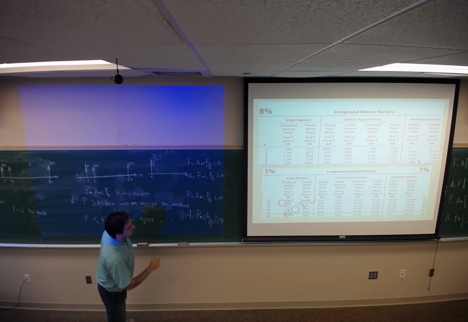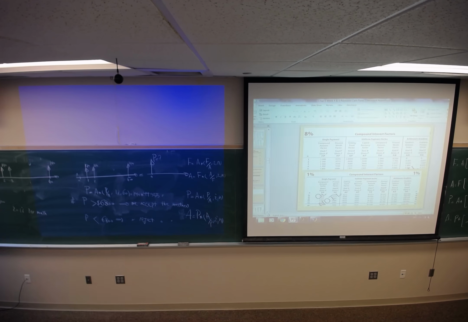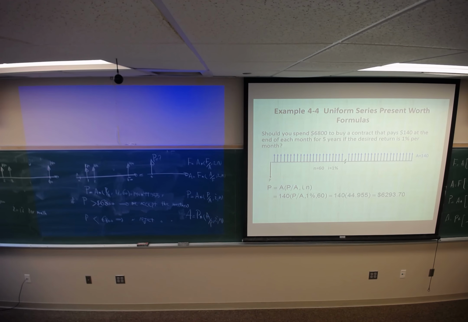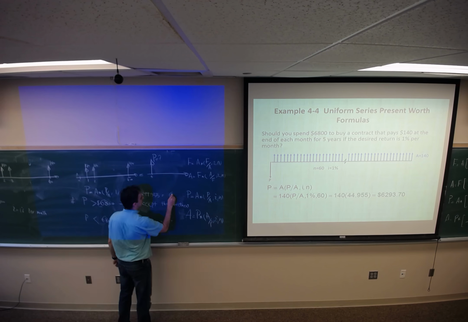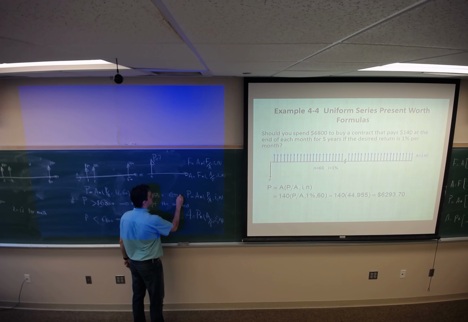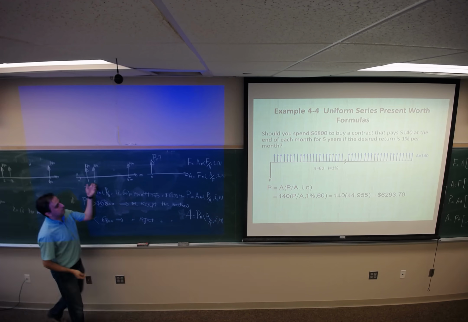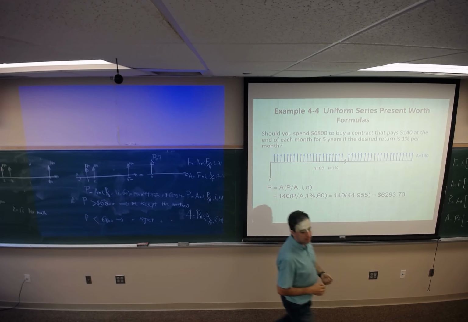Or you can calculate it: $6,293.70. So the money that you receive is gonna be worth $6,293.70 at present time.